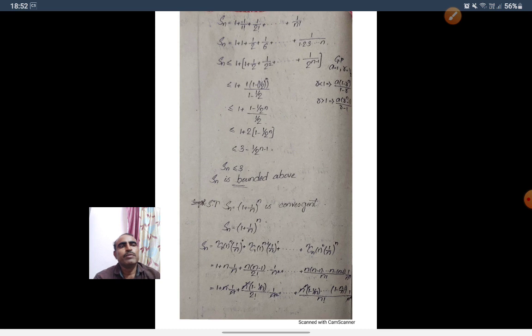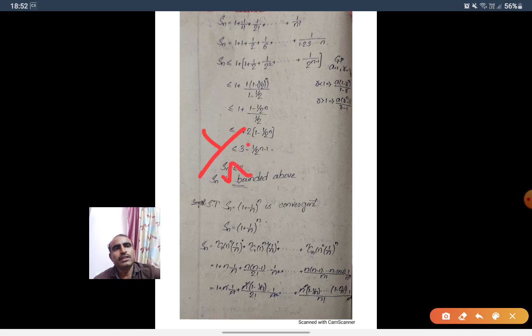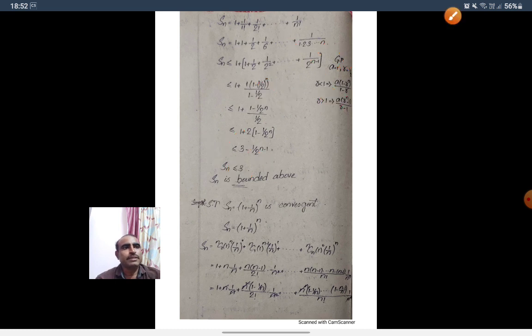So 1 by n factorial is less than or equal to 1 by 2 power n minus 1. So 1 plus Sn is less than or equal to 1 plus 1 plus 1 by 2 plus 1 by 2 square plus ... plus 1 by 2 power n minus 1.